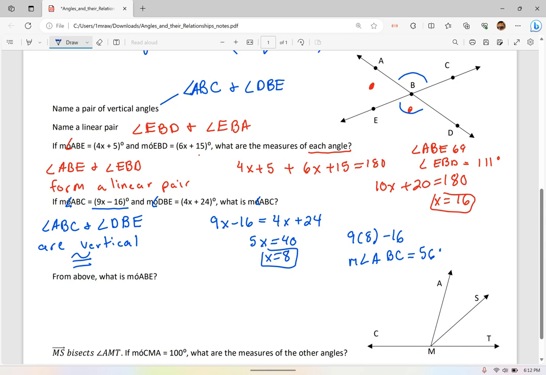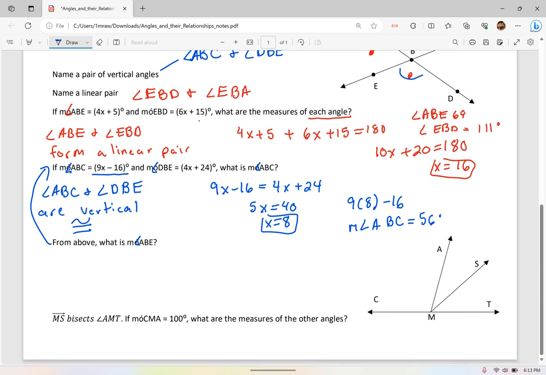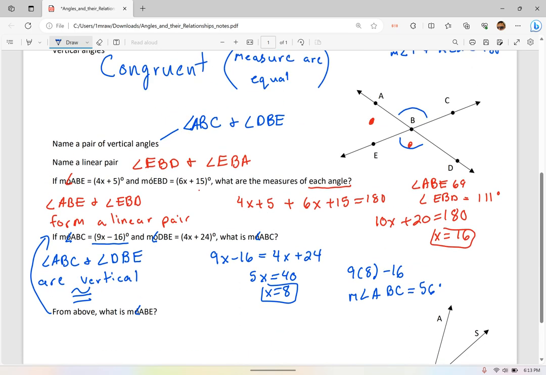And then from above, it says, what is the measure of angle ABE? Using this previous problem, we found angle ABC, which was 56 degrees, and it's saying angle ABD, which is this angle right here.